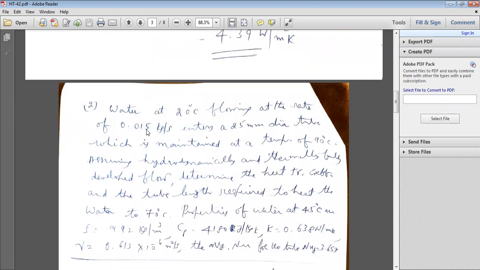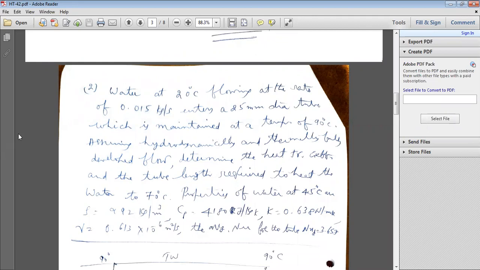Water is flowing at a mass flow rate of 0.015 kg per second. It enters a 25 mm diameter tube. So diameter of the tube is 25 mm, and the tube is maintained at a constant temperature of 90 degrees centigrade.